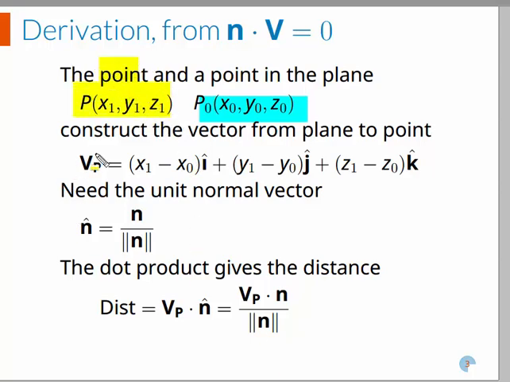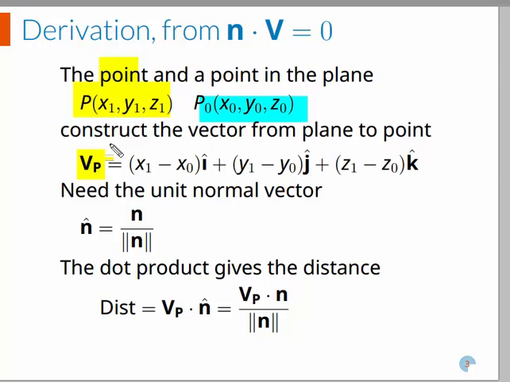And we can construct this vector V, and I put a P on here to signify that it's a vector up to that point. Technically, we constructed those position vectors and subtracted them to get VP, but of course once you look at this and you get the hang of it, you can see what's done. You just take the difference between the coordinates and construct the vector, but at least at some point you have to know what's behind it.